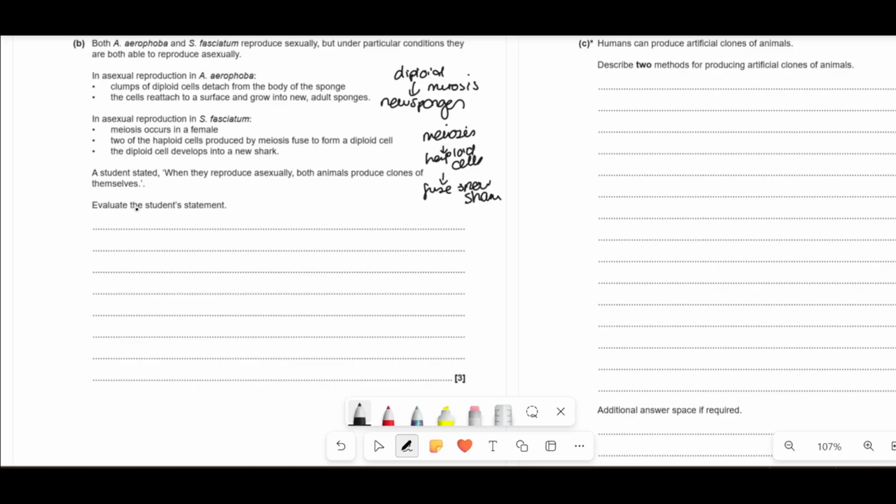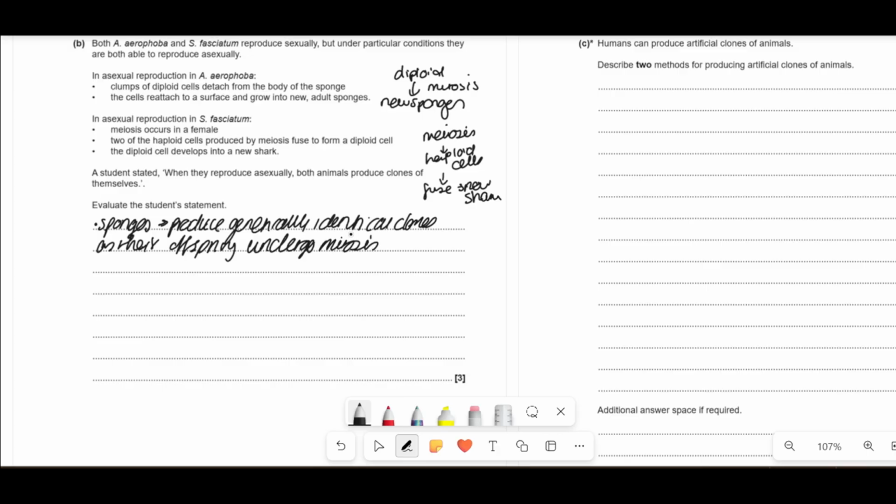I wouldn't say both of them produce clones, to be honest, because if we look at the sponges, like I just said, they're going to produce genetically identical clones as their offspring. They undergo mitosis. Things that divide and replicate like that are going to be identical clones.